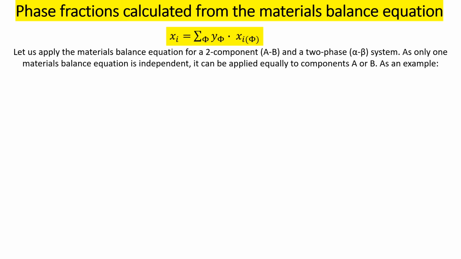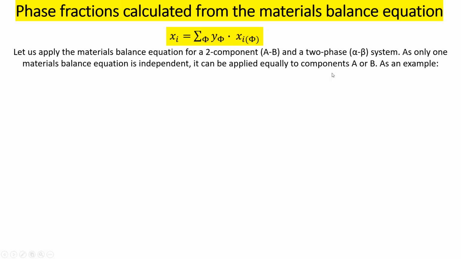In this example, I am showing you a two-component AB and a two-phase alpha-beta system. As was mentioned during the previous slide, we have C-1 mathematically independent material balance equations, and C is 2 in our case because we have two components. C-1 is 2 minus 1 is 1, so I have one single material balance equation which I can use in this case for this two-component system.